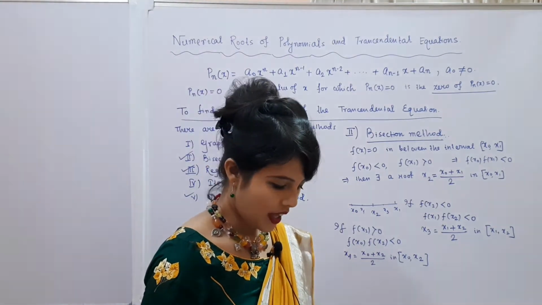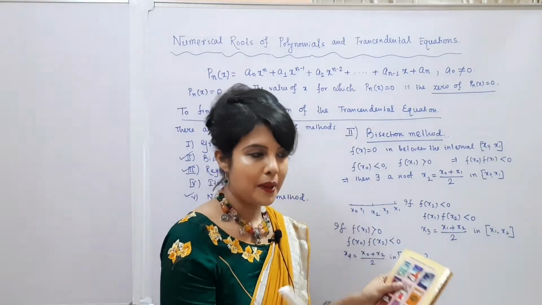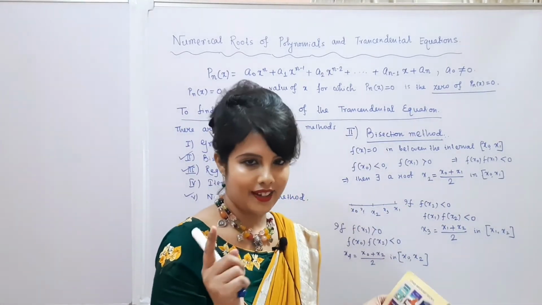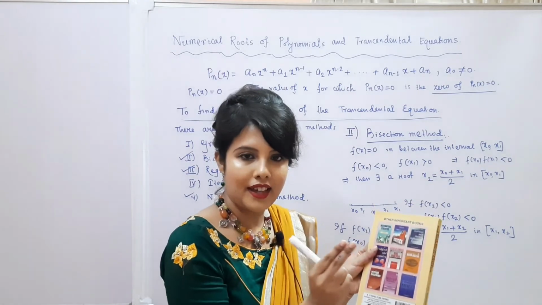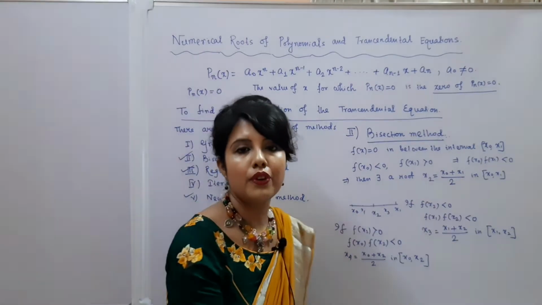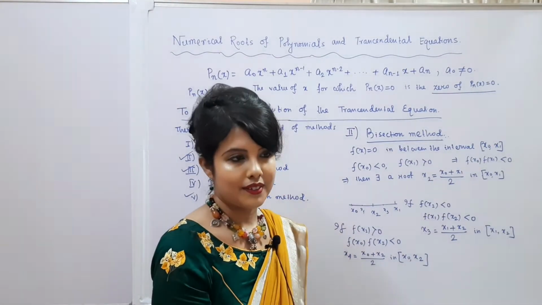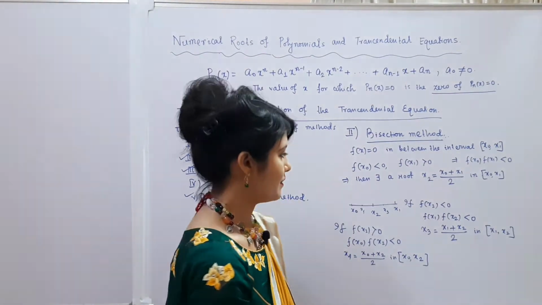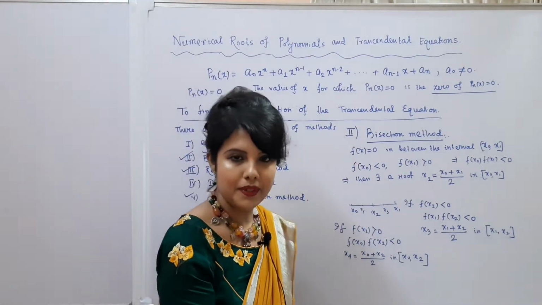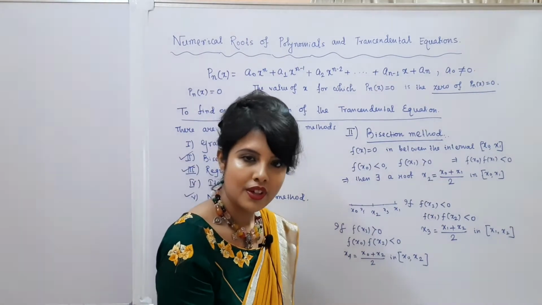Because each time I am narrowing the interval by bisecting it again and again, the interval is getting narrowed, and it will give you the more precise location and the solution of this equation f of x equal to 0.